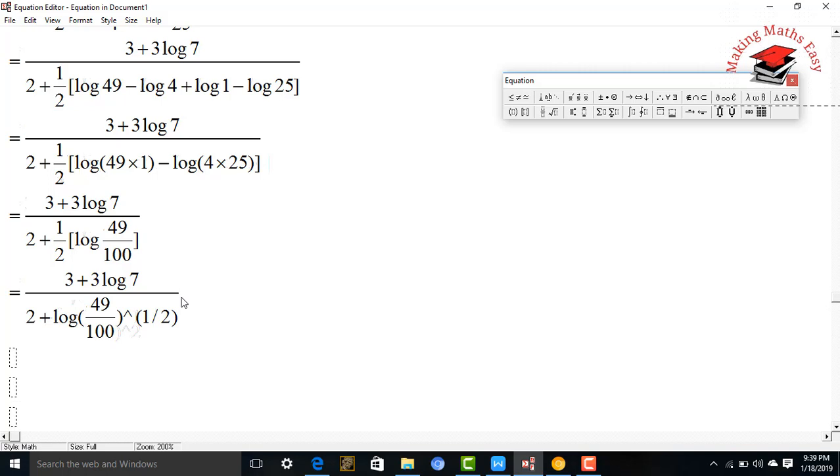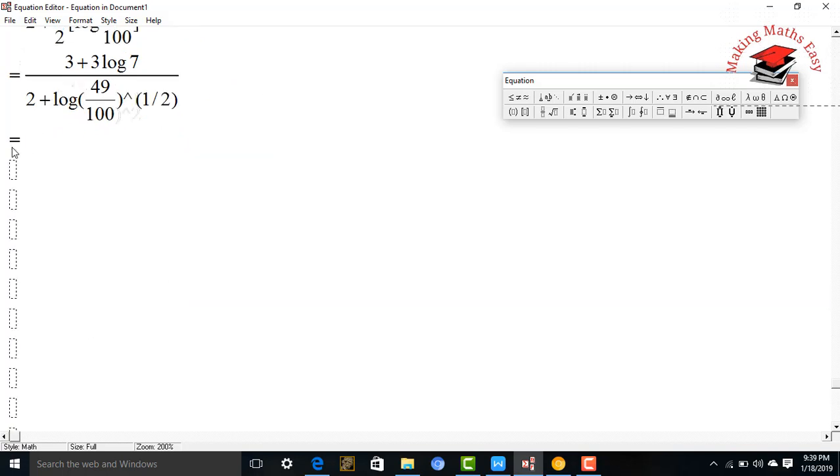Which is equal to 3 plus 3 log 7 divided by 2 plus, now the square root of 49 upon 100 is log of 7 divided by 10, sorry, not 100, 10.